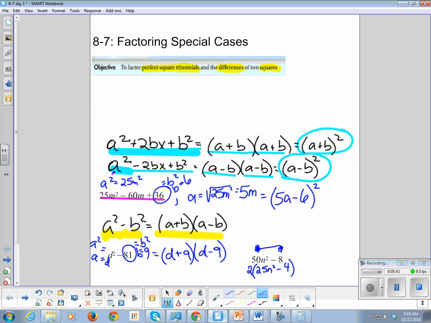Yes. And is 4 a perfect square? Yes. So then I can, keeping the 2, because he's a part of our life, we can't just get rid of him, poor little guy, rewrite this as, what's the square root of 25? 5, and plus, what's the square root of 4? 2 times 5 plus 2 and 5 minus 2. So this factors out. We have to take our common factor out first. And once we do that, we can see then we have some perfect squares there.